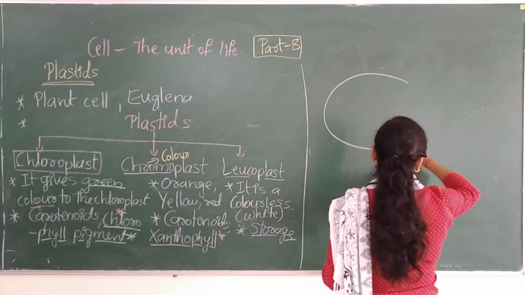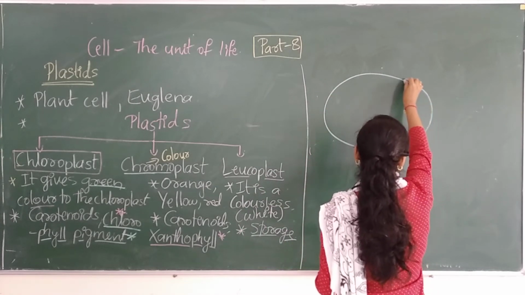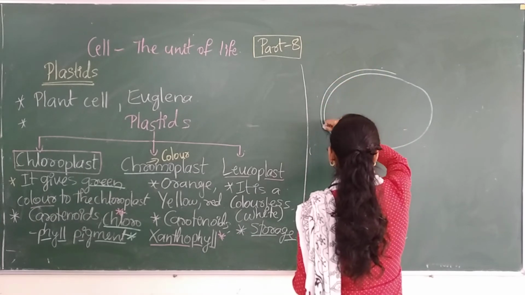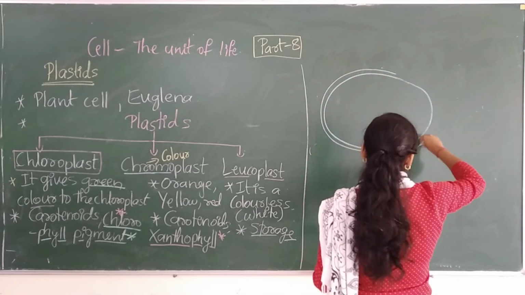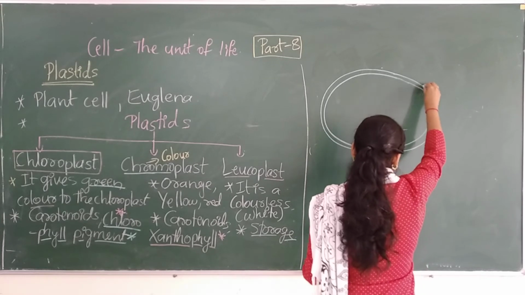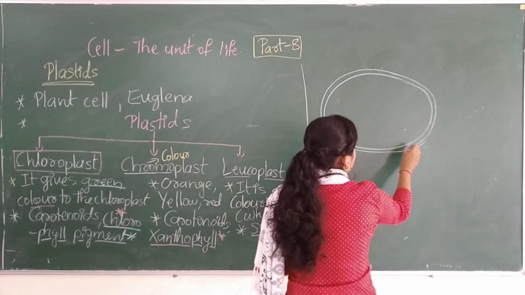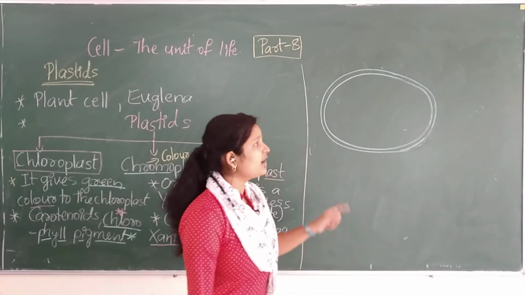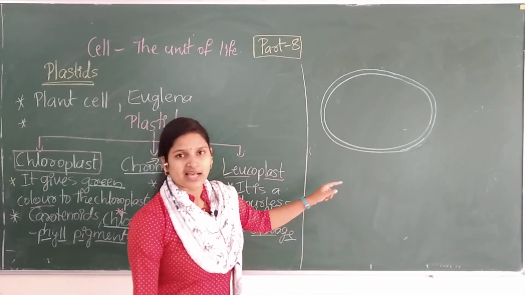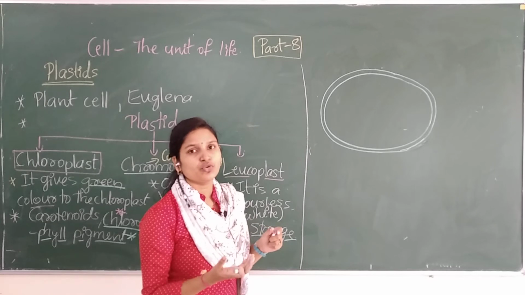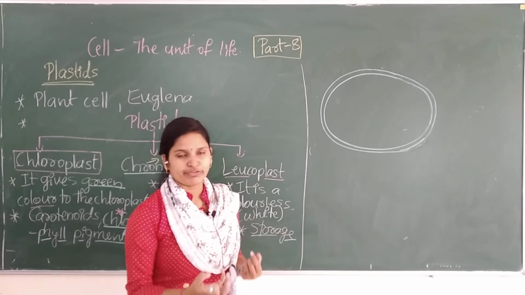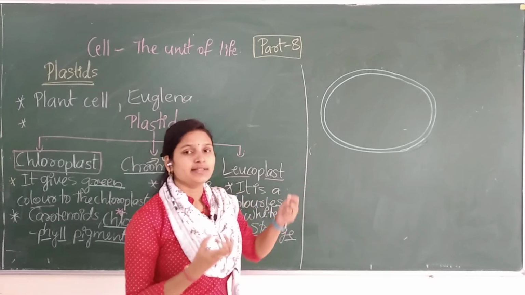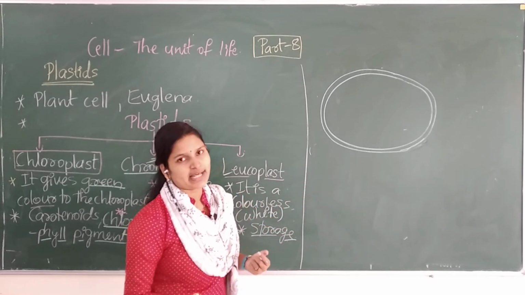So this is the structure of chloroplast. It is a double membrane or membrane bound organelle which is present in plants. Remember one thing, both mitochondria and chloroplast have many similarities. When we compare mitochondria with this structure, there are many similarities.